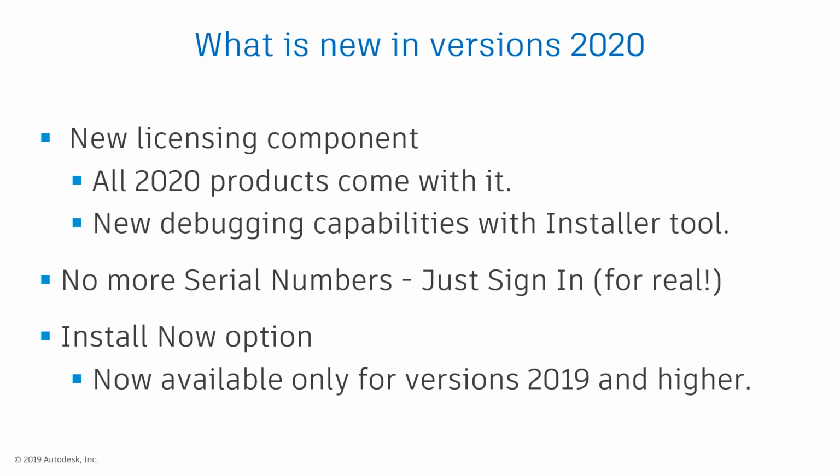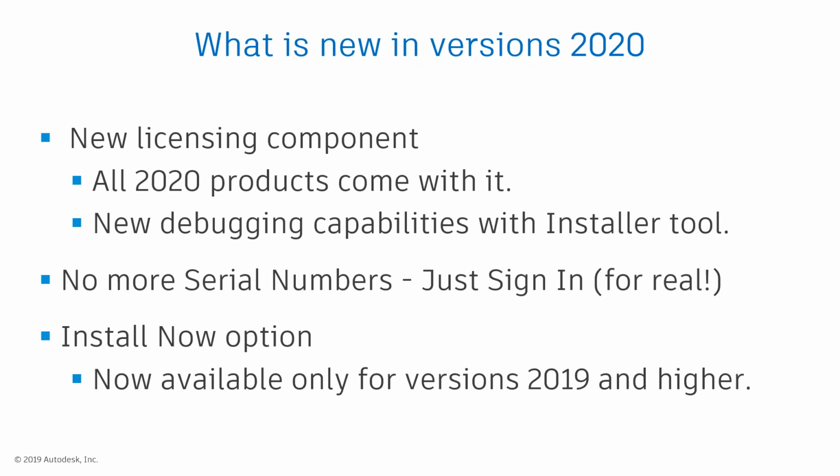If you remember the previous system, you had to dive into some specific directories and see what was happening, if the LGS folder was correctly set up, if it was pointing correctly to the right licensing system. Now this is all done by this so-called installer tool that we're going to see.